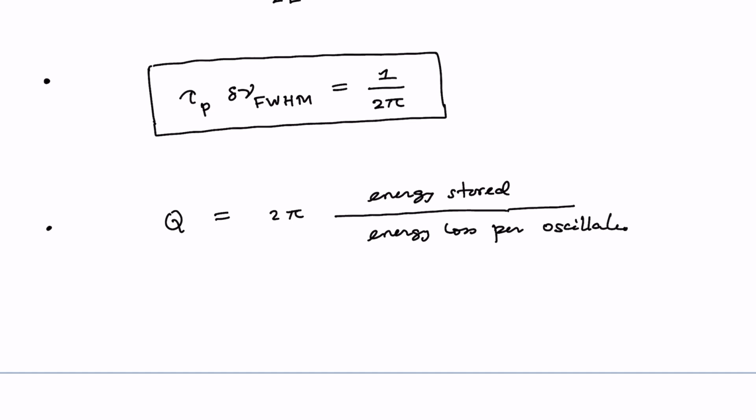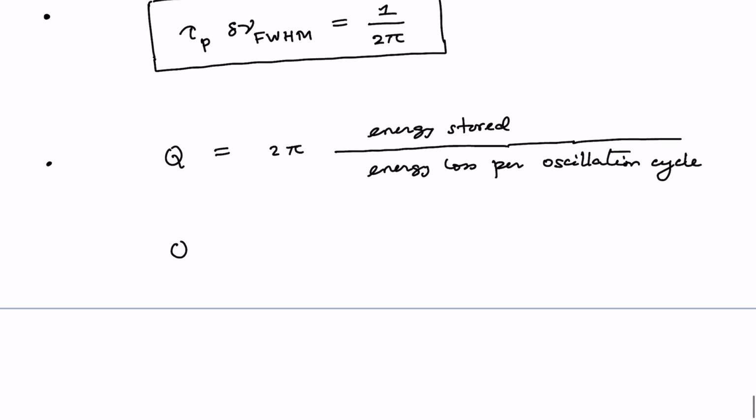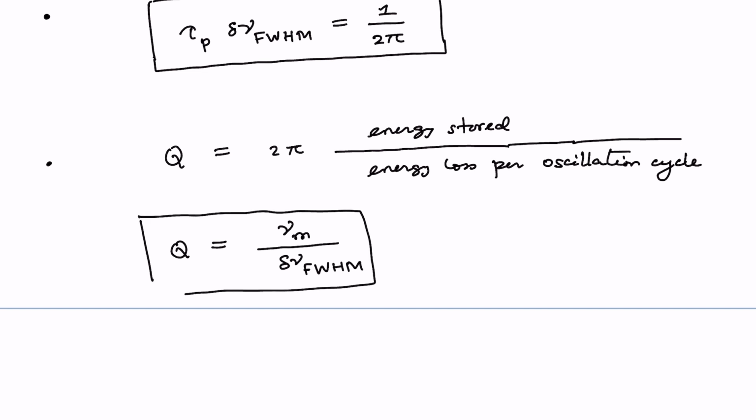For a Fabry-Pérot cavity, this quality factor is given by nu m, the cavity resonance frequency, divided by the full width at half maximum. These are some important points you should keep in mind. Also, a very good resonator, one which can hold the photon inside for a long amount of time, must have a very high Q, or quality factor.